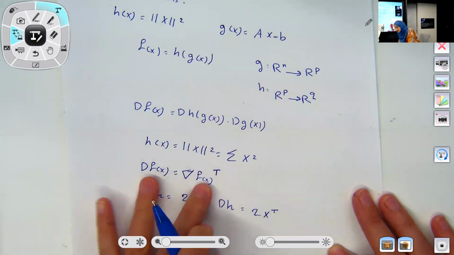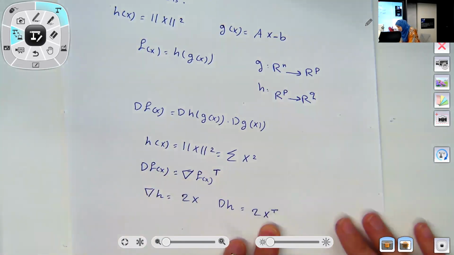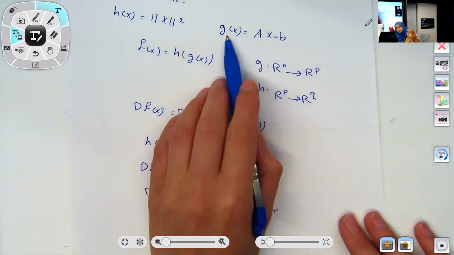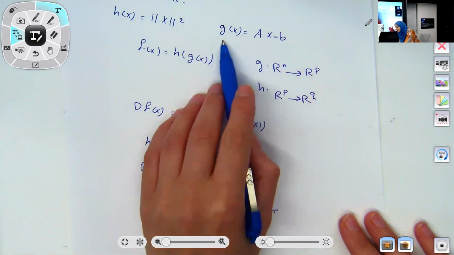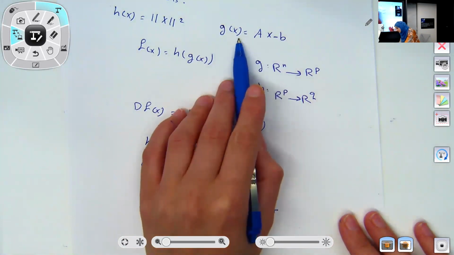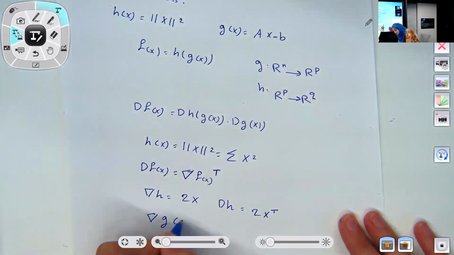From here you can find the relation; we just need to put transpose. And we have g of x equals Ax minus b. We can find the gradient of g of x, which equals A.